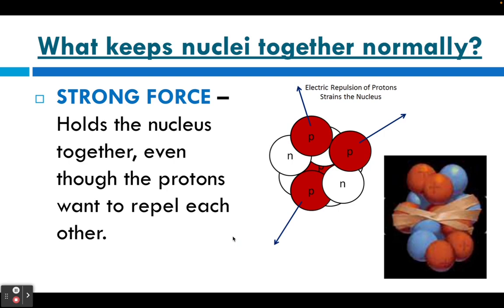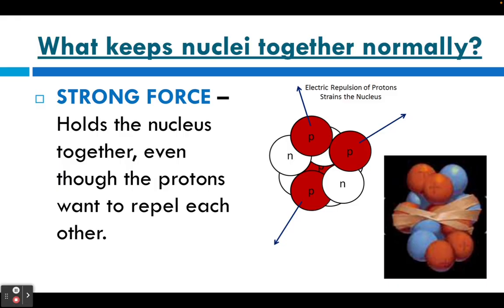So what keeps the nuclei together normally? This is where the strong force comes in. The strong force is the force that holds the nucleus together even though the protons want to repel each other. So you may have wondered, how is it that the protons, all of them positive, stay together in such a tight space?